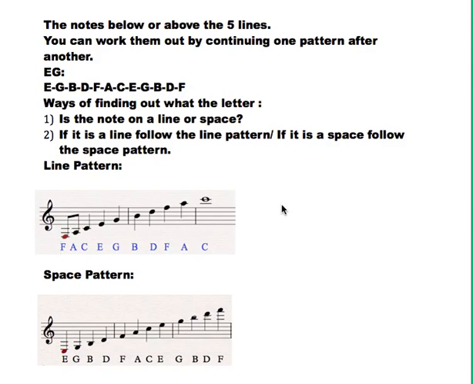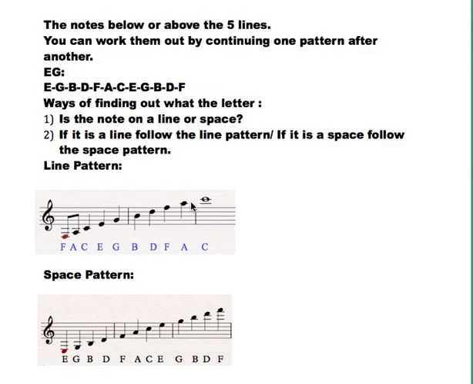Now, how can we actually find out what the letter is? In the treble clef, what we need to first understand is whether a note is on a line or a space. Let's have a look at this letter, for example. We can see that it is on a line because there's a line going through the note.